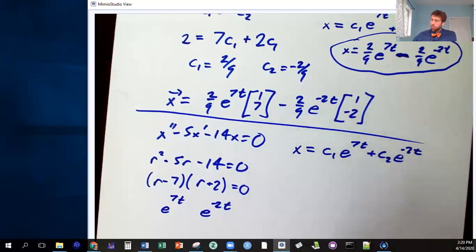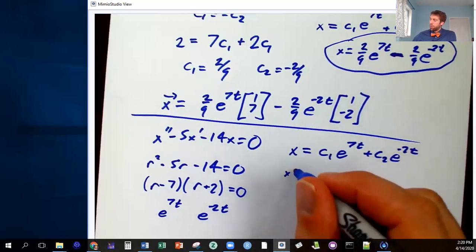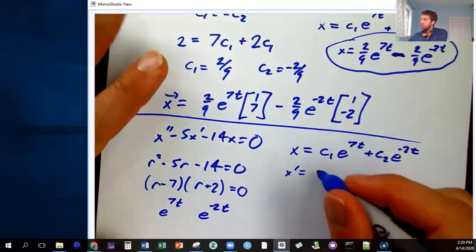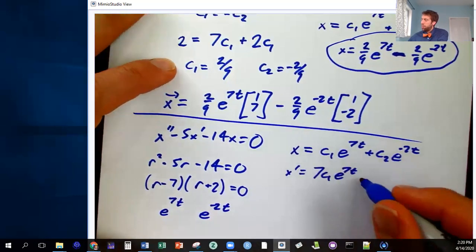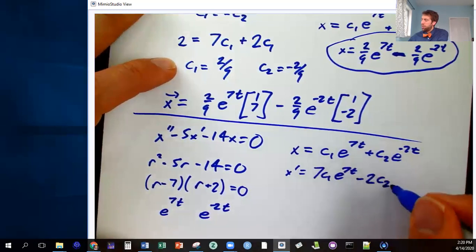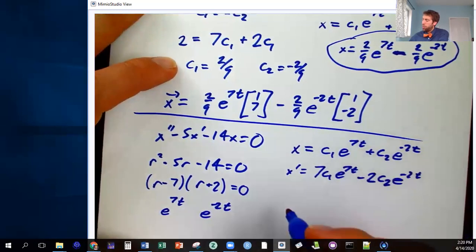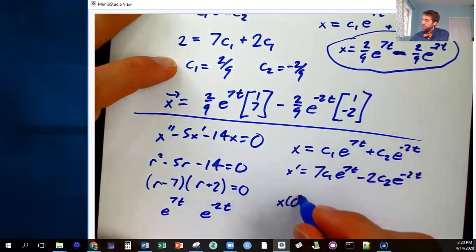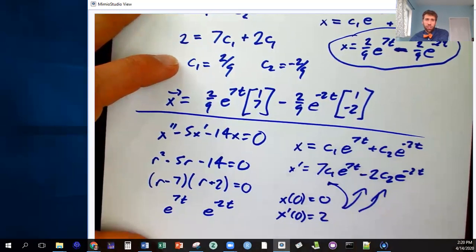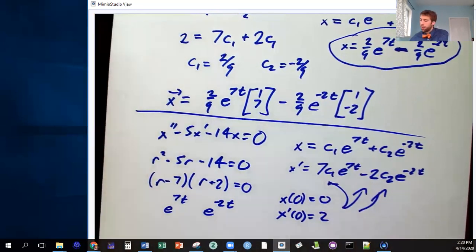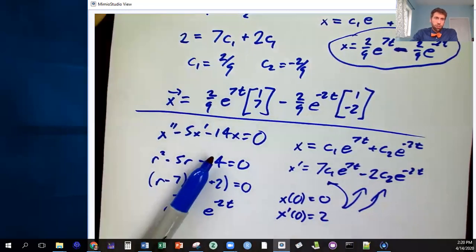And then you can just say x prime equals 7c1 e to the 7t minus 2c2 e to the negative 2t. Then plug in x of 0 equals 0 and x prime of 0 equals 2, then solve for c1 and c2, and then you're done. That's a shorter way. Okay, so in the next problems, I'll solve it the shorter way.